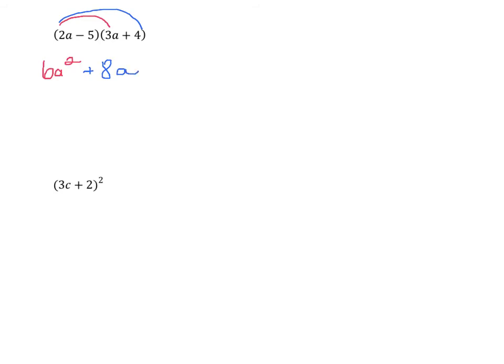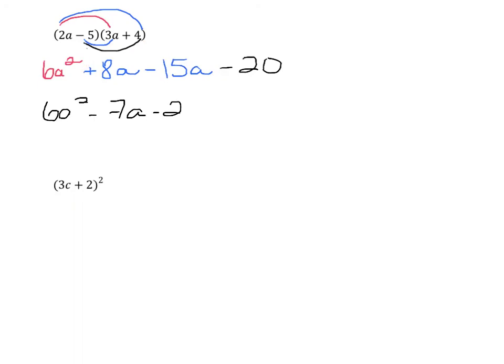The two insides, negative 5 times 3a, that's minus 15a. And then the two last values, negative 5 times 4, that's minus 20. If you notice, these two terms in the middle are like terms, so they can be combined. So we end up with 6a squared minus 7a minus 20.